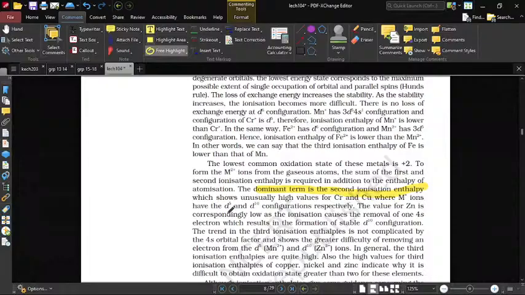The value for zinc is correspondingly low, as ionization causes the removal of one 4s electron, which results in formation of stable d10 configuration. The trend in third ionization enthalpy is not complicated by the 4s orbital factor and shows greater difficulty of removing an electron from d5 Mn2+ and d10 Zn2+.